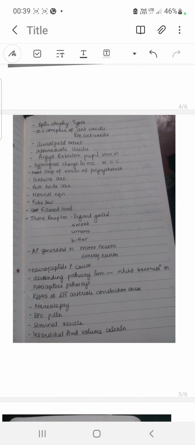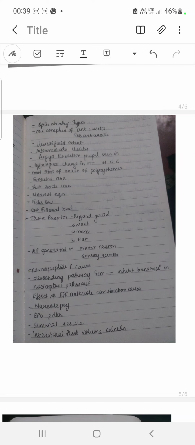Bitter is T2R receptor, whereas T1R2 and 4, even numbers, sweet. Umami, that is odd number, T1R1 and 3, sweet 2 and 4.